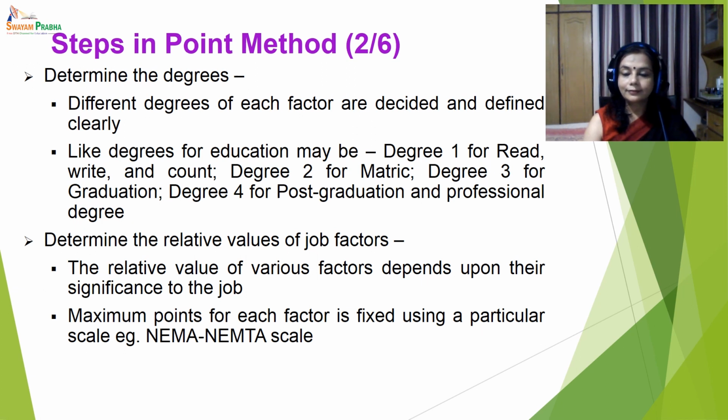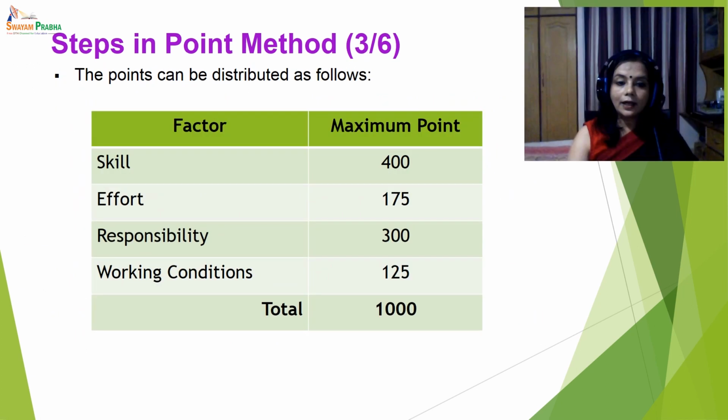So here in this example, you can see how the points can be distributed, and the maximum points which have been derived through wage surveys and using certain scales. Here you can see for factor skill, it is 400 maximum points, effort 175, responsibility 300, working conditions 125, making the total number of points 1000.